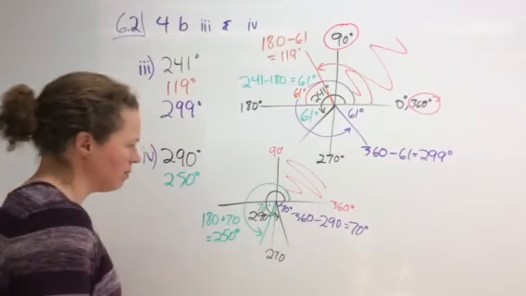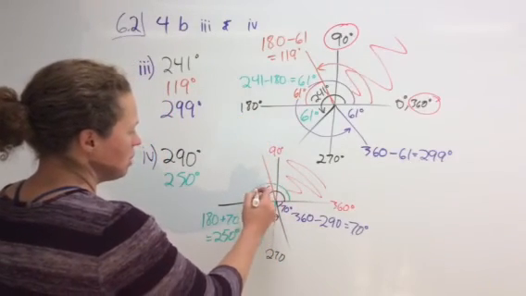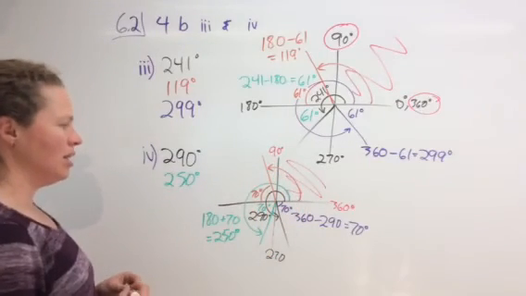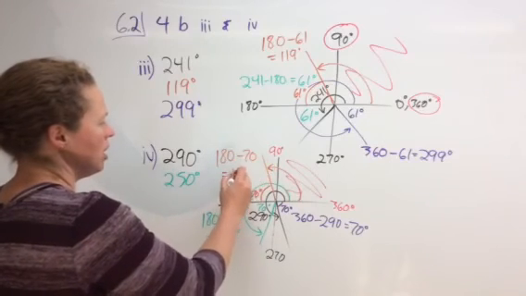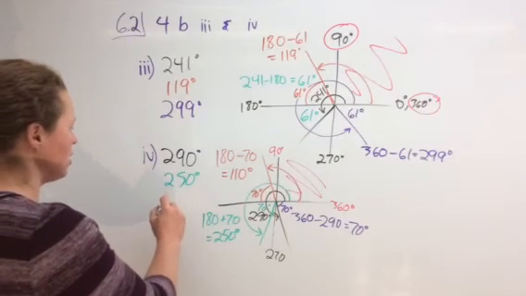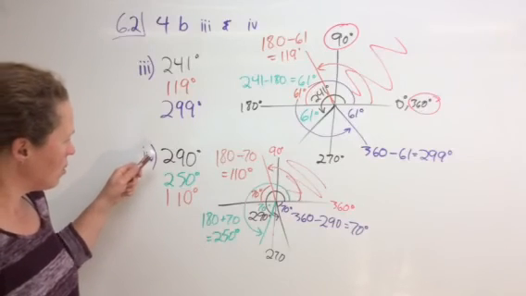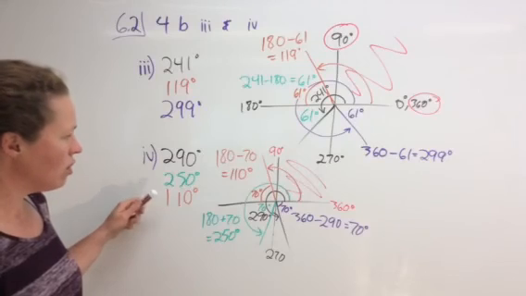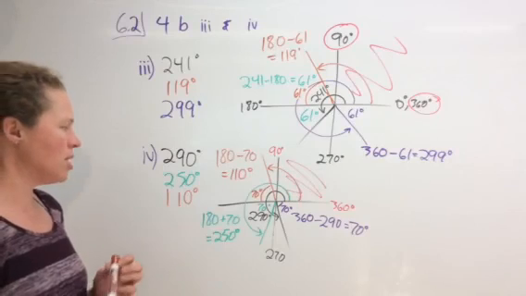And then we have to go up here. This one would give me 70 degrees. So what's this? Well, it's 70 degrees short of 180, so 180 minus 70 would give me 110 degrees. So this, just slightly past the 90, is 110 degrees. So I've got 290 in quadrant 4, 250 in quadrant 3, 110 in quadrant 2, and if I was allowed to count quadrant 1, which I'm not, then it would be 70 degrees there.